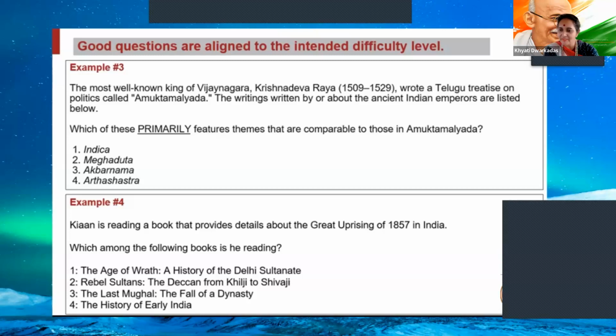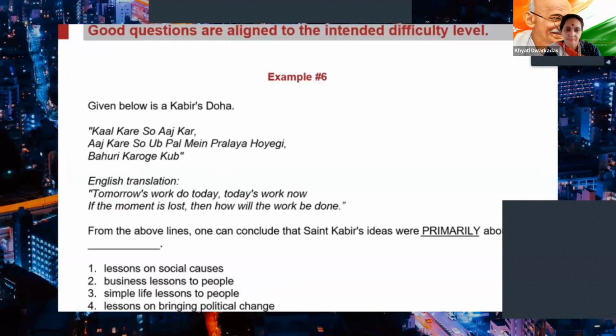Absolutely, it is a good question. But if you notice, the students are forced to think, and the level of difficulty is also moving up. From applying, we have moved to analyzing and evaluating.